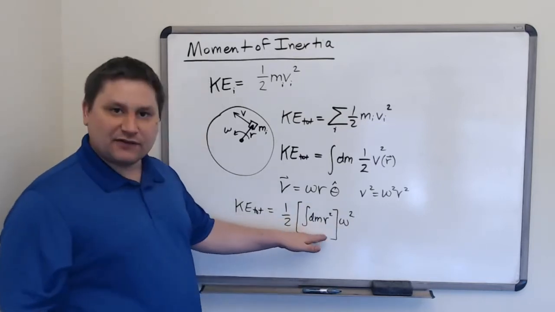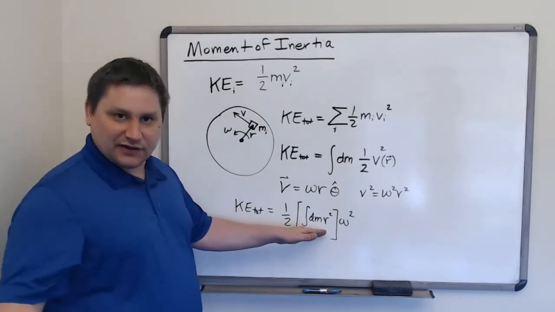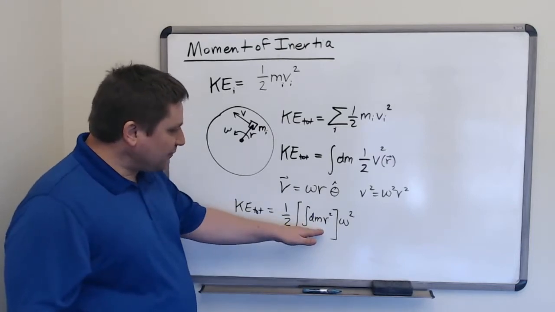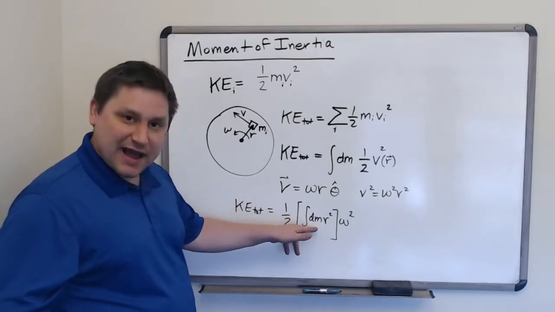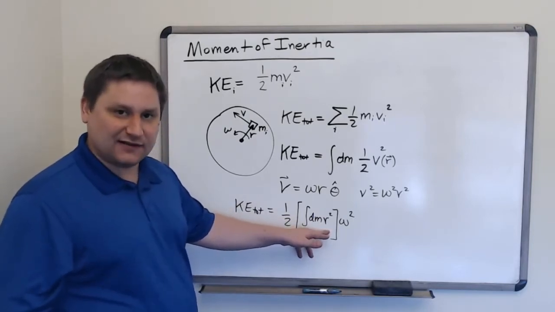So the thing that appears in the integral is still not something we can just do, but it's important to realize what it depends on here. It depends on where the bits of mass are and how far the bits of mass are from the axis of rotation.